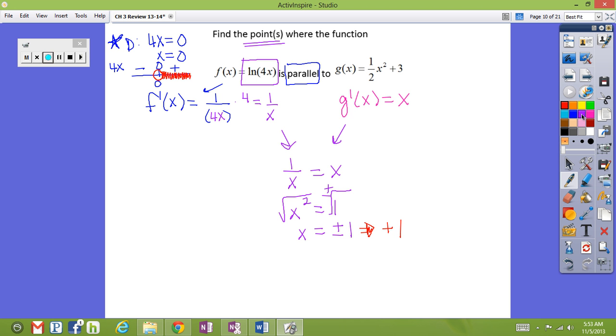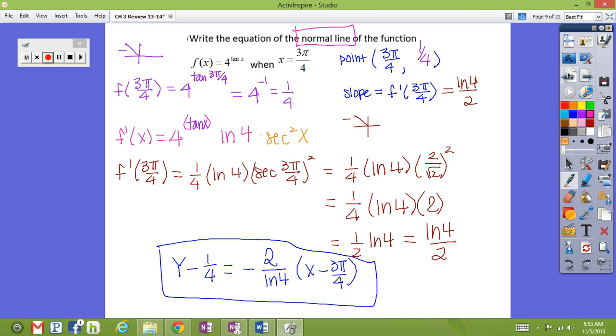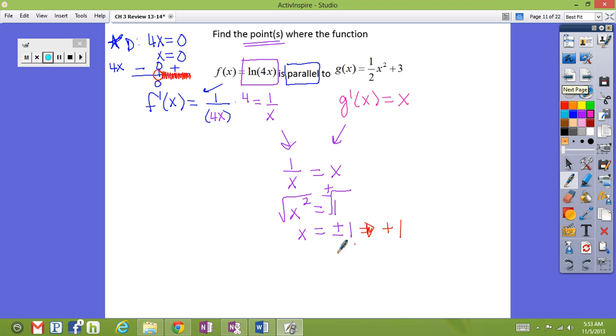You would figure it out another way if I ask you the points, because you'd have to substitute back in. So if I substitute back into either of the functions, it would be the same x value that you get. I'm not going to use this one because this guy has the restriction. So over here, if I try to find the f of 1 value, I would get the ln of 4.